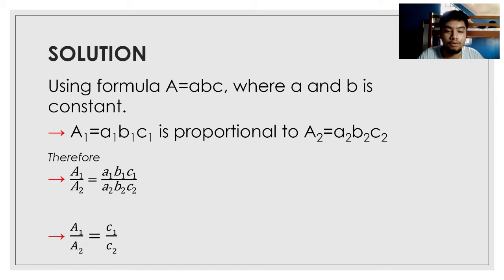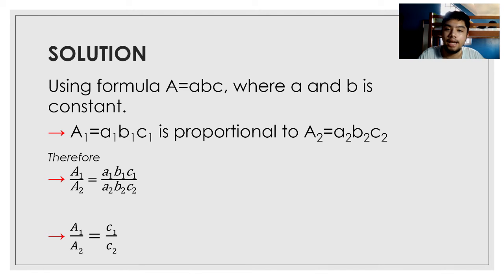So therefore, by using the ratio and proportionality method, we can tell that the absorbance of the unknown sample over the absorbance of the known sample is equal to a sub 1 times b sub 1 times c sub 1 all over a sub 2 times b sub 2 times c sub 2.